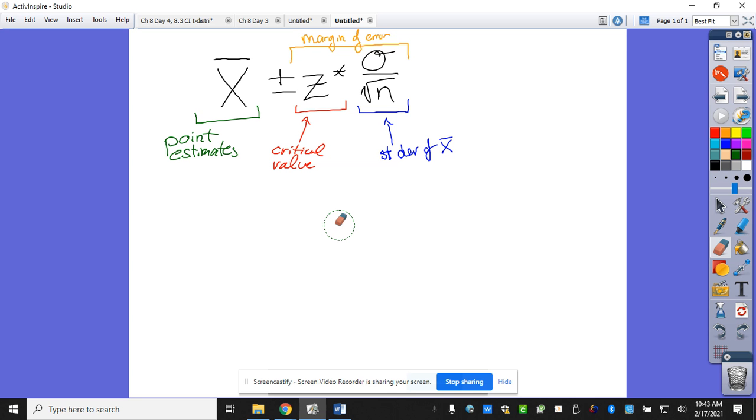So 59 says a medical study finds an X bar of 114.9, S of 9.3 for 27 members, so 27 will be your N. It asks what is the standard error of the mean?